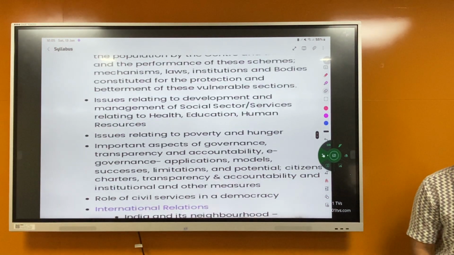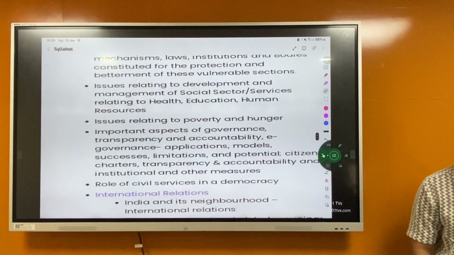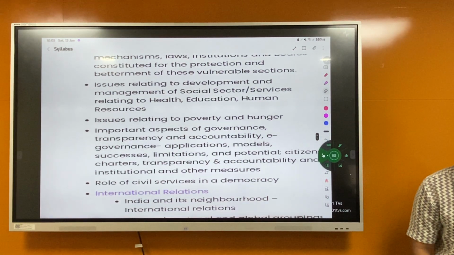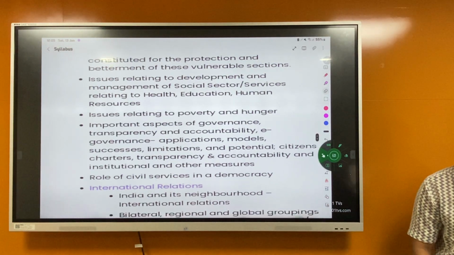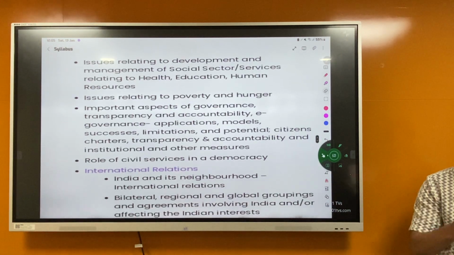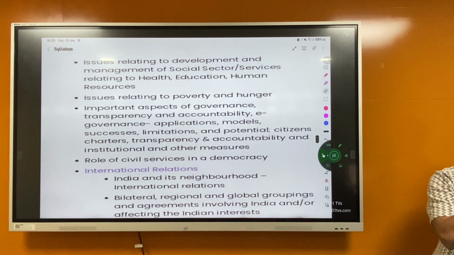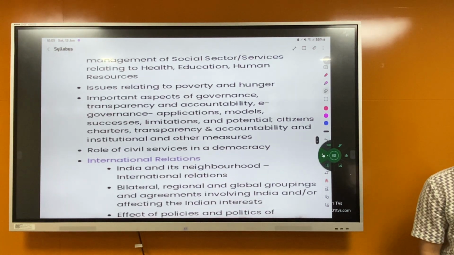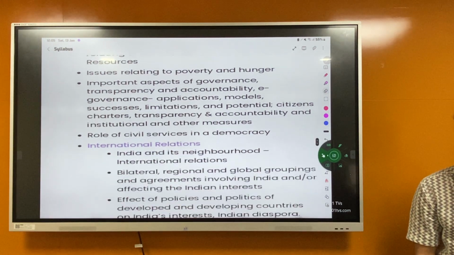Next, issues related to poverty and hunger. Important aspects of governance, transparency and accountability, e-governance applications, models, successes, limitations and potential, citizens' charters, transparency and accountability, and institutional and other measures. Next, role of civil services in a democracy.